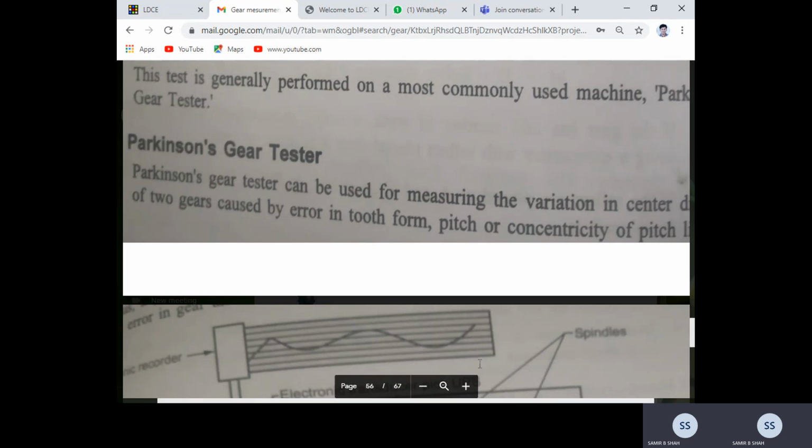This is a very important gear testing technique that we are discussing now. It can be used to measure the variation in center distance of two gears, which is caused by errors in tooth form, pitch, or concentricity of the pitch line.